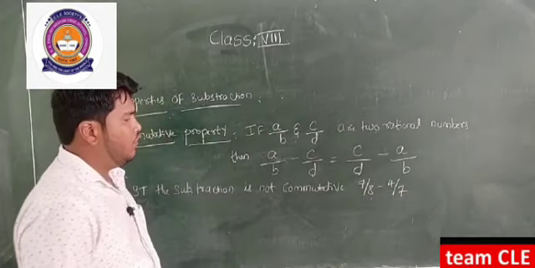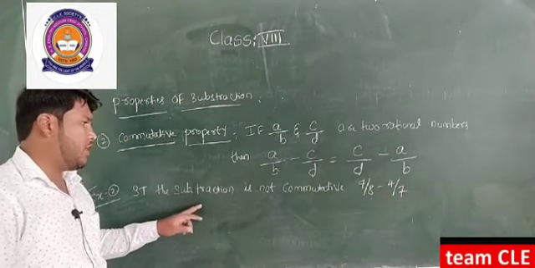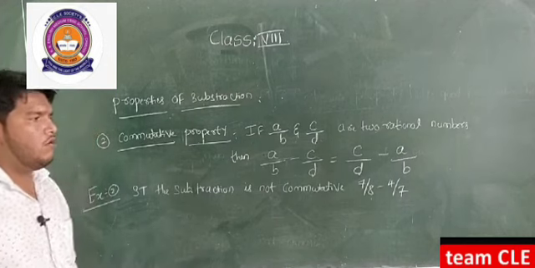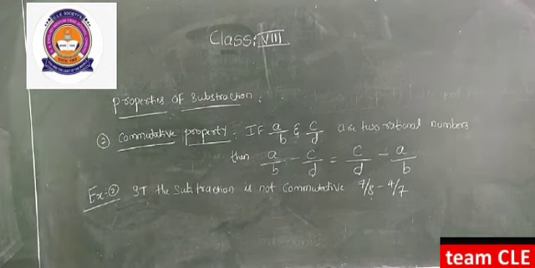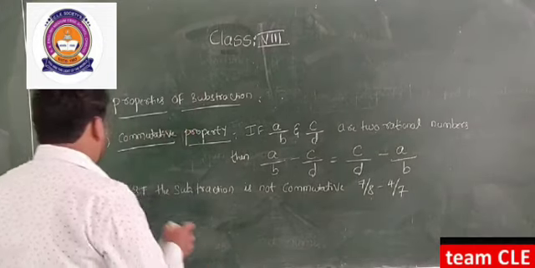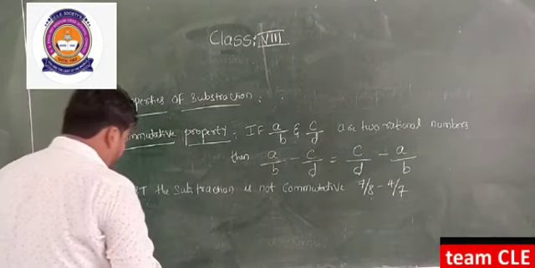Show that the subtraction is not commutative for 7 by 8 minus 4 by 7. So this we need to verify. How to check this?